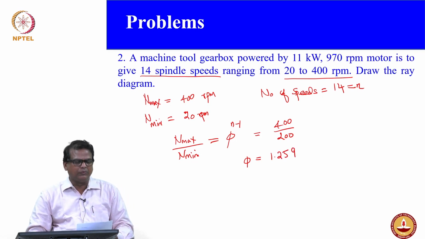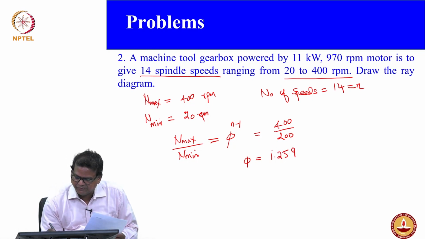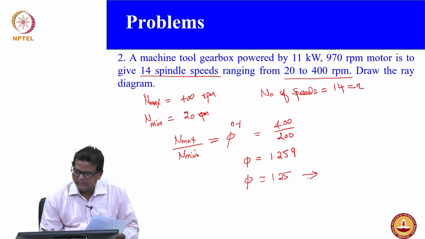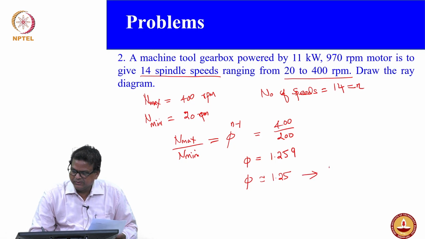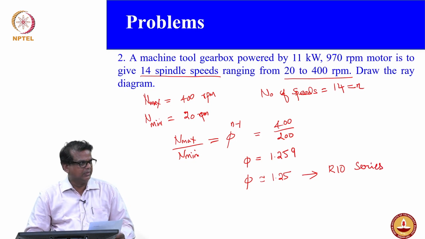Substitute N equal to 14 and do that. Approximately we can make it 1.25. When you do that, this step ratio belongs to the R10 series. You can refer to the table which I have already shared, and it is also there in the data sheets.